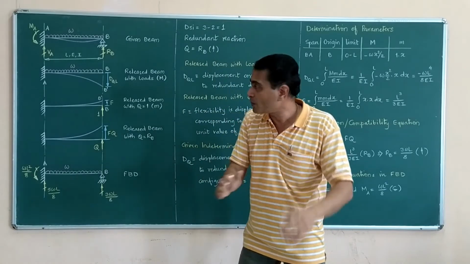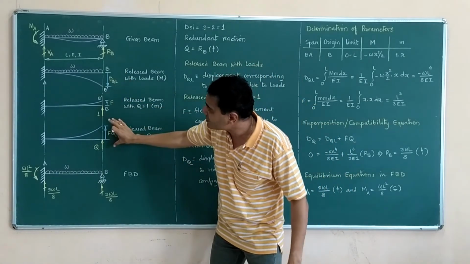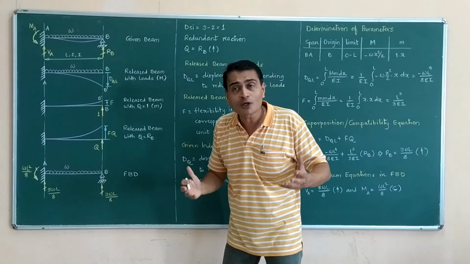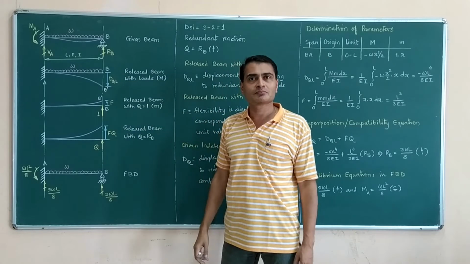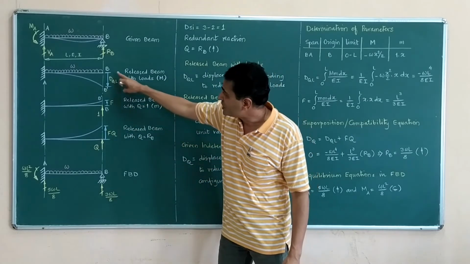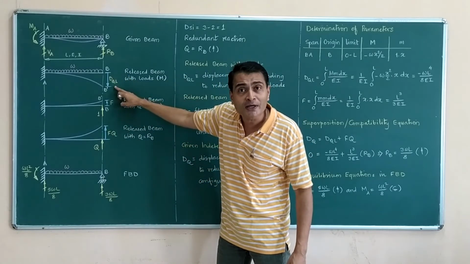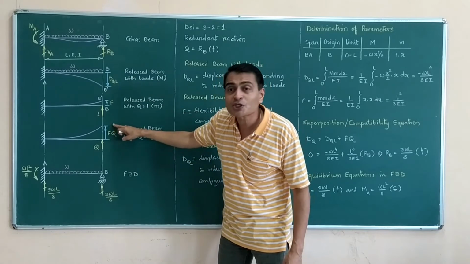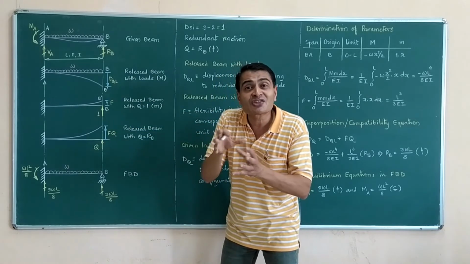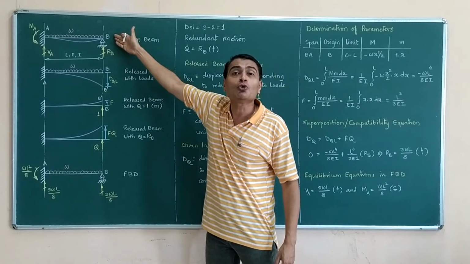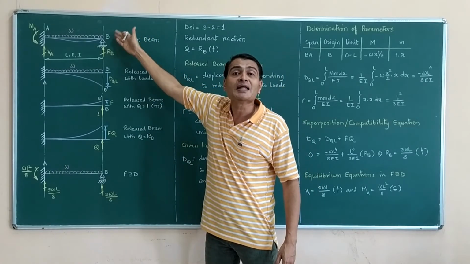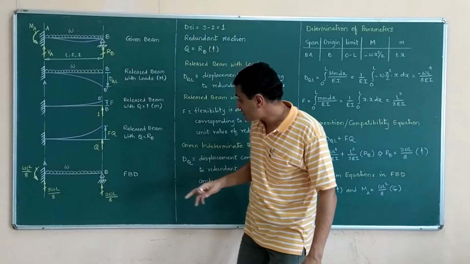Our actual superposition is this drawing and this drawing. So what am I going to say? If this configuration is this plus this, then this deflection of B point and this deflection of B point, their summation should be equal to deflection in original B point, that is 0, that is dq.